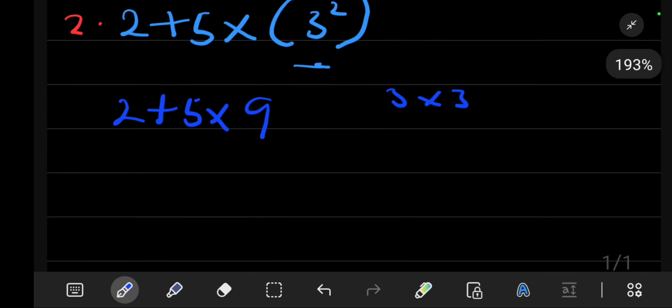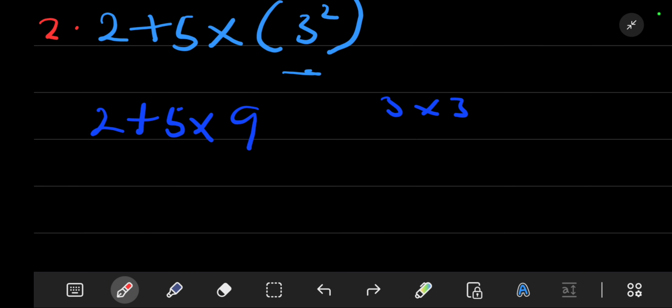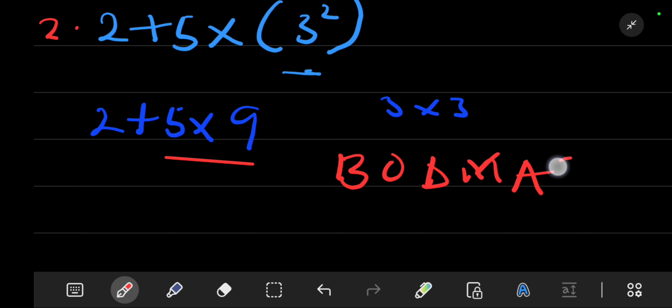Therefore, move to the multiplication before addition, because according to BODMAS, M comes before addition. Now, we simply multiply 5 times 9, equals 45.